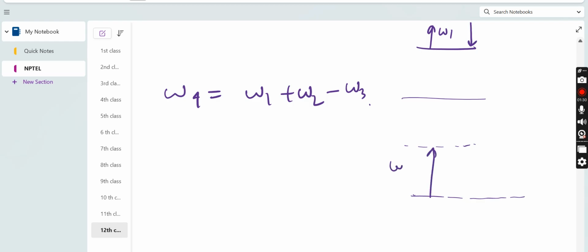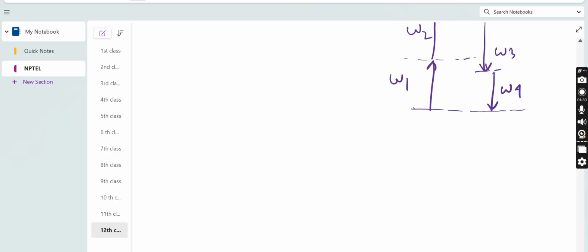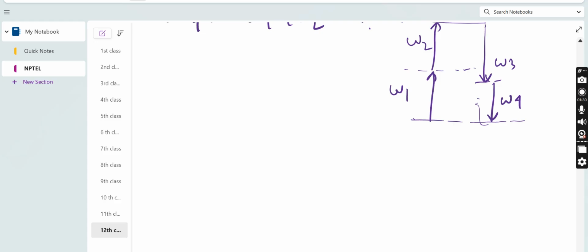Omega 1 is absorbed, omega 2 is absorbed, then emission is omega 3, and we get an omega 4 component as a result. So this is E1, E2, E3 star basic.